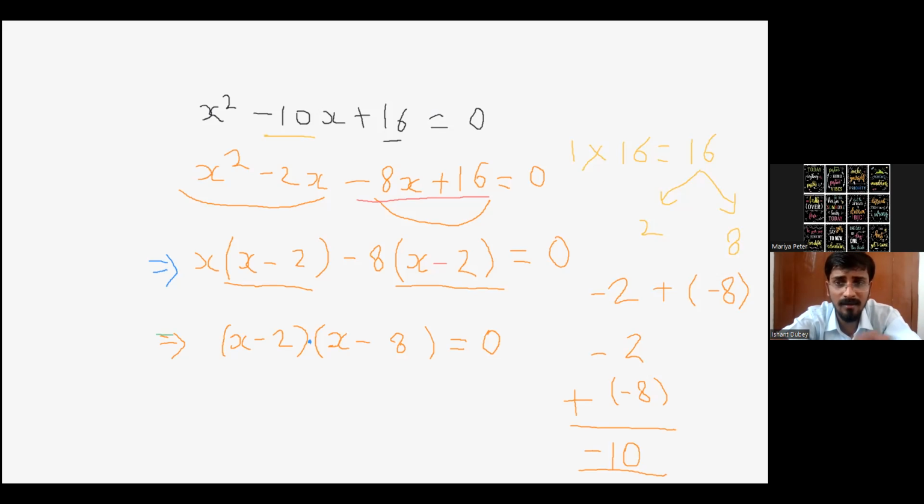Can you tell me what operator will come there? Look at this part and this one. In between them, what sign or operator is coming? Any idea?